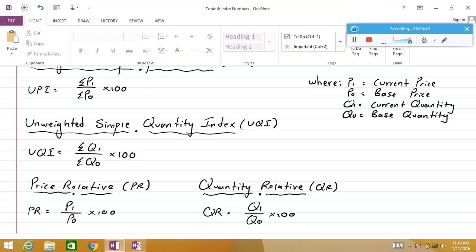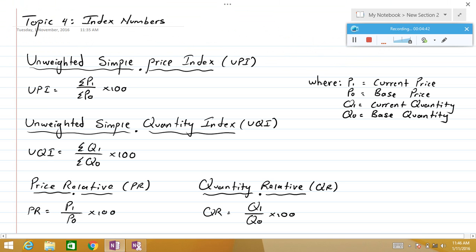Forget, or the teacher never taught? Now, the uses of index number is for inflation percentage.